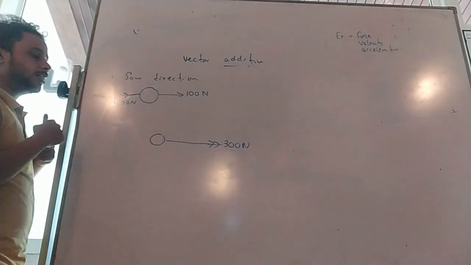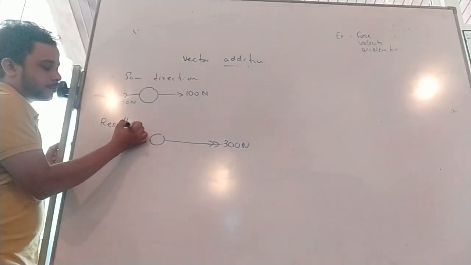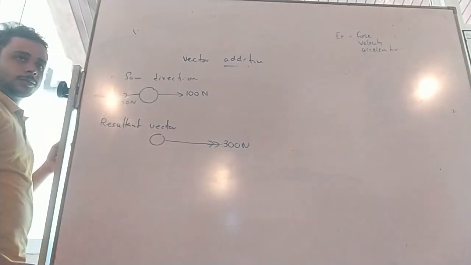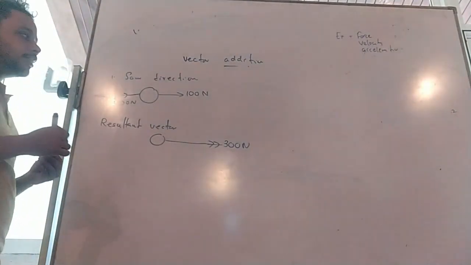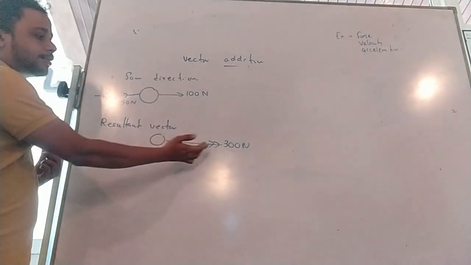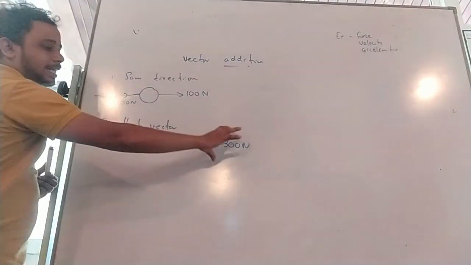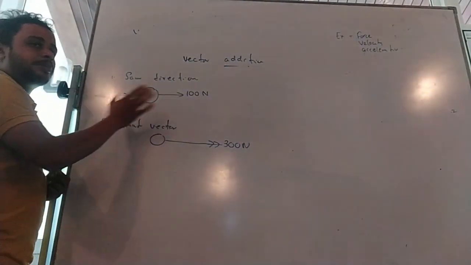This is the sum of these two vectors, and the sum of vectors we normally call the resultant vector. Their combined effect is the resultant. Since these are two forces, we can say this is the resultant force of these two. That means this single force will do the same job as these two are doing separately.